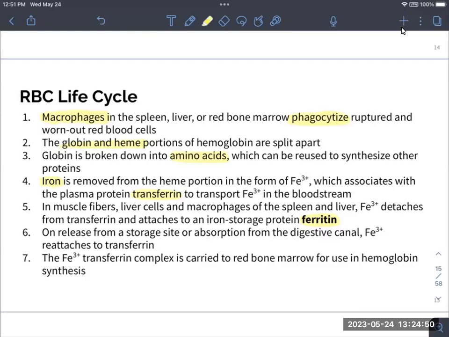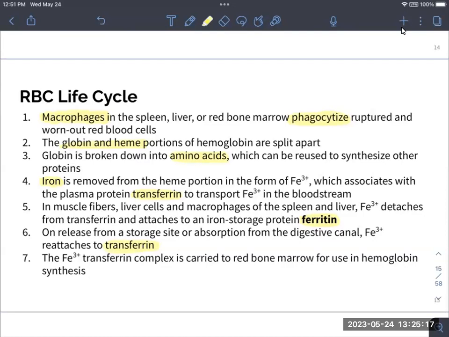We store iron in the form of ferritin. But what happens if we need that iron? Well, that iron's going to get released from that ferritin. It'll reattach to that transferrin, because that transferrin takes that iron to different areas in the body.